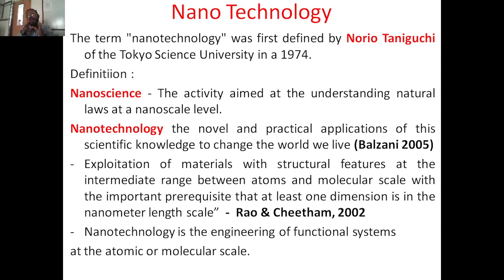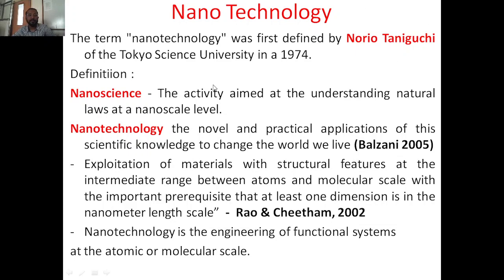Nanotechnology is about the exploitation of the applications of nanomaterials, so for that we need to know what nanoscience is. There has to be a nanoscale level, that has to be 1 to 100 nanometers. So the term nanotechnology was first defined by Norio Taniguchi of Tokyo University in 1974.